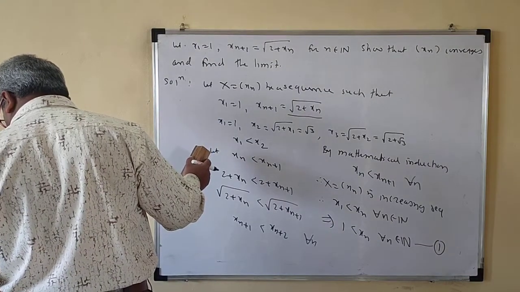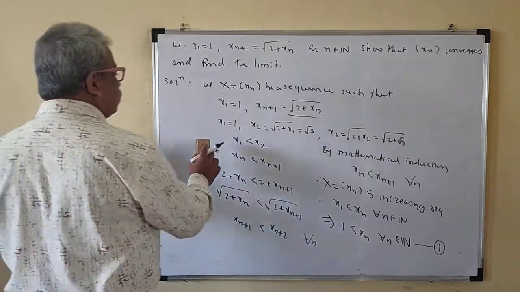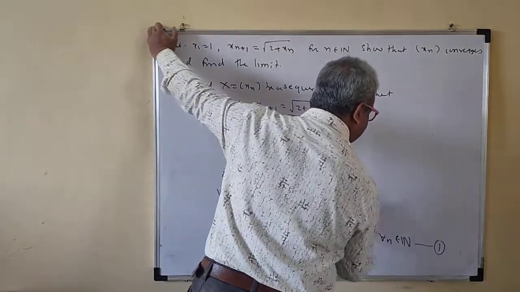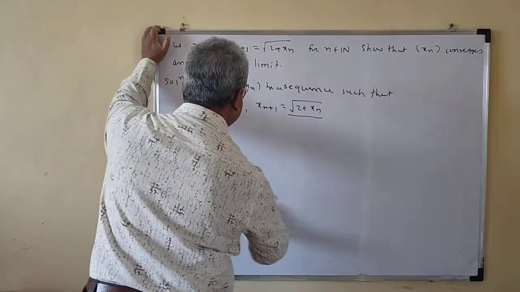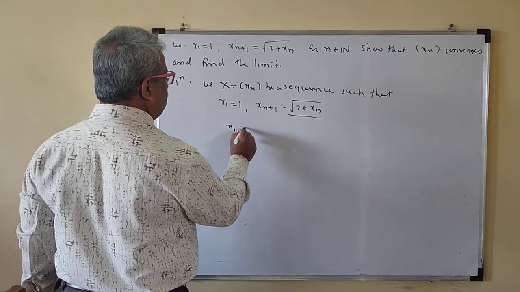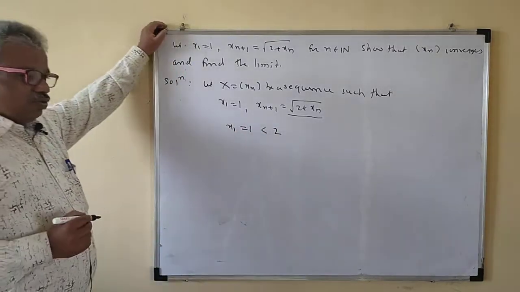So we want to find the upper bound of this one. Now what is x1? x1 is equal to 1. This is less than 2. Okay.